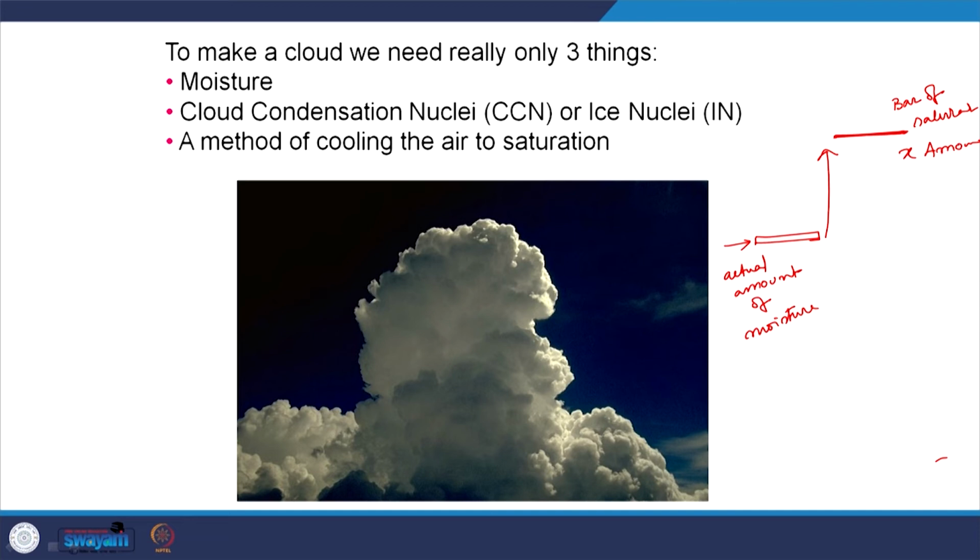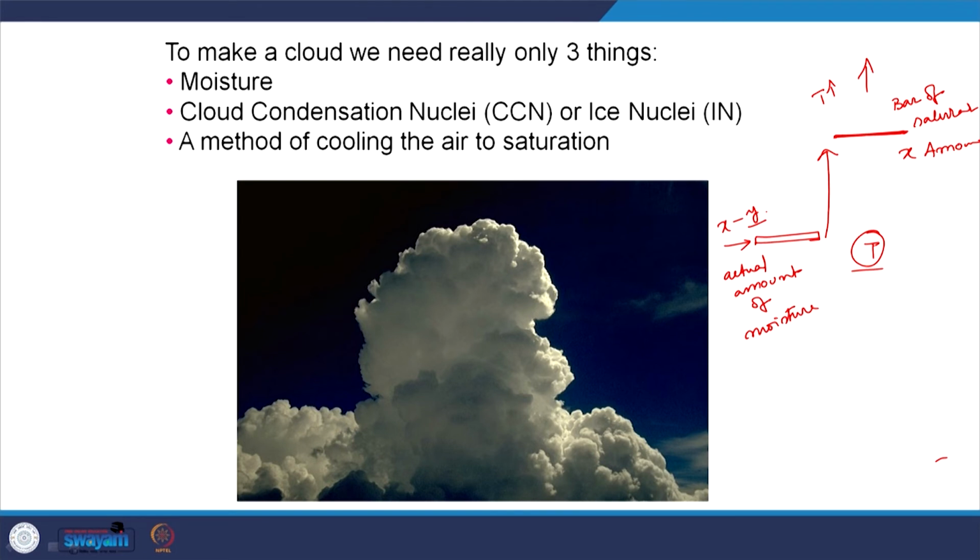Now, the bar of saturation is held at this position only by virtue of its temperature. So, if the temperature is very high, this bar will go even further. The easiest way to put it is X grams of water vapor can be held in this air parcel at a particular value of temperature. Now, at the same temperature, you do not have X grams of water molecules inside this air parcel. Rather, you have only X minus Y units of water molecules inside.